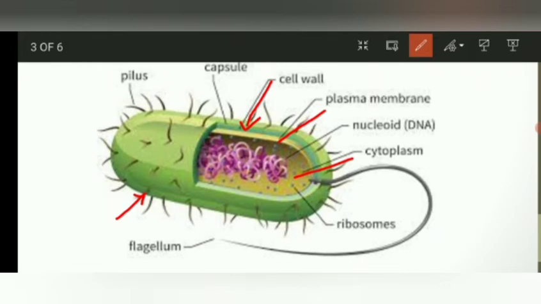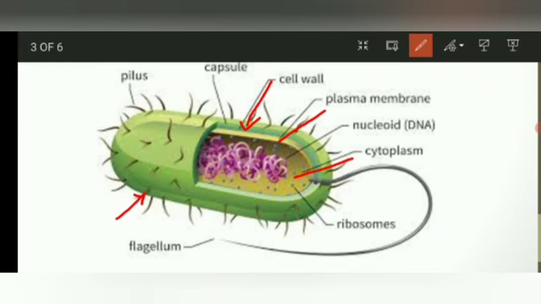Cytoplasm consists of different cell organelles. One more thing is the nucleoid, that is DNA, the genetic material, which is not bound in a membrane but is scattered in the cytoplasm.